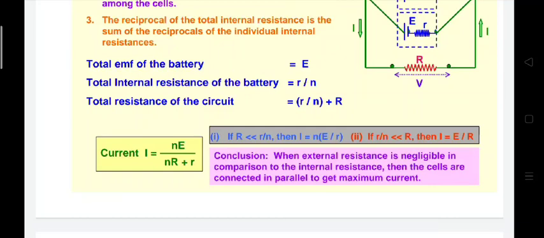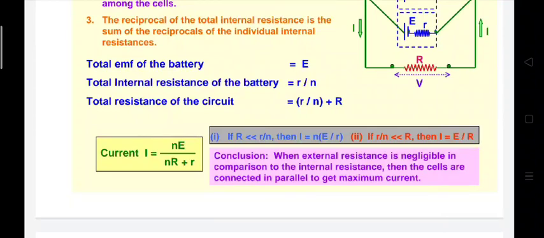So if the internal resistance of the cell is very small, then there is no advantage of connecting the cells in parallel, because in that condition the cells in parallel will give you only the current equivalent to a single cell.